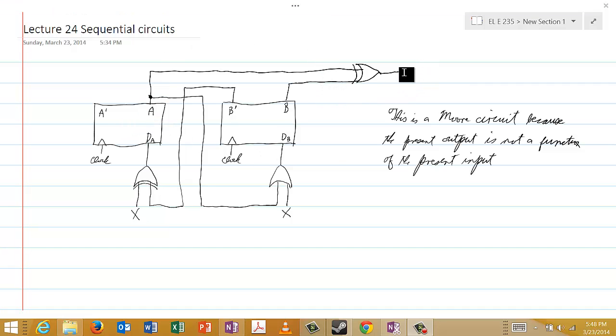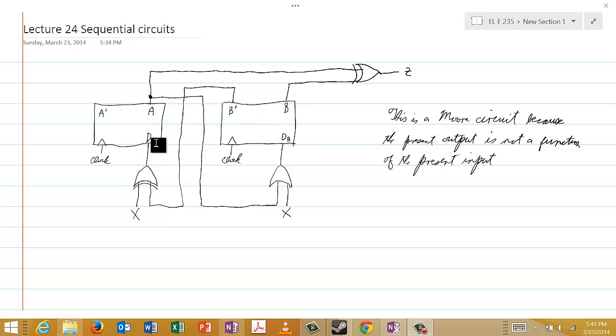The output of the circuit is labeled Z, and that is the output of this exclusive OR gate shown here. We have two flip-flops in this problem, and as you can see, both of these are D flip-flops. For the flip-flop on the left, we've labeled the output as A and A prime, and for the one on the right, B and B prime.